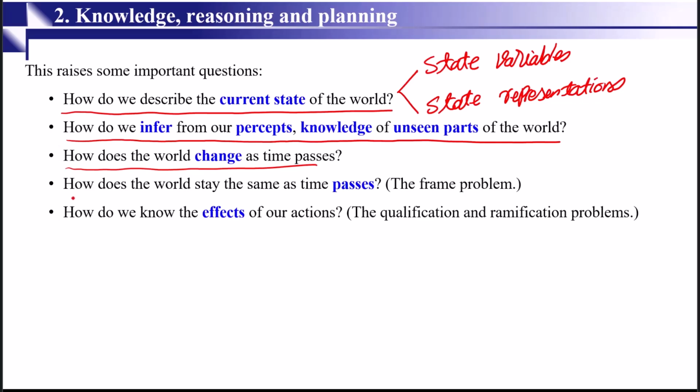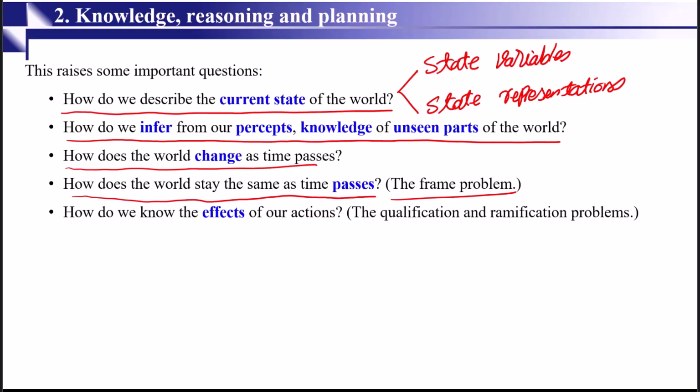The next one is, how does the world stay the same as time passes? This is known as the frame problem. The frame problem addresses the challenge of specifying what remains unchanged in a dynamic system when an action occurs, or when the agent takes an action.